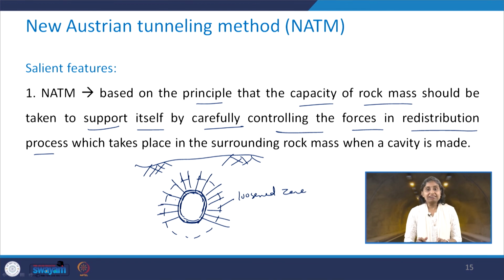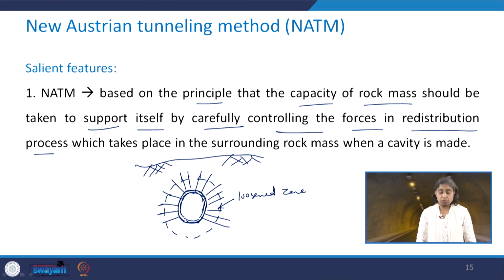So, now in that case, we are very carefully controlling the forces in the redistribution process, because when this was the stress-free boundary, immediately there is going to be the redistribution of stresses in this loosened zone. Now, we can control this by providing the systematic support system like shotcrete plus the rock bolting.